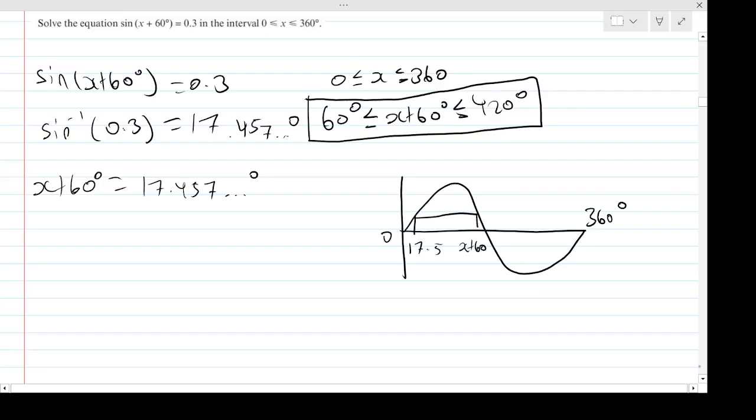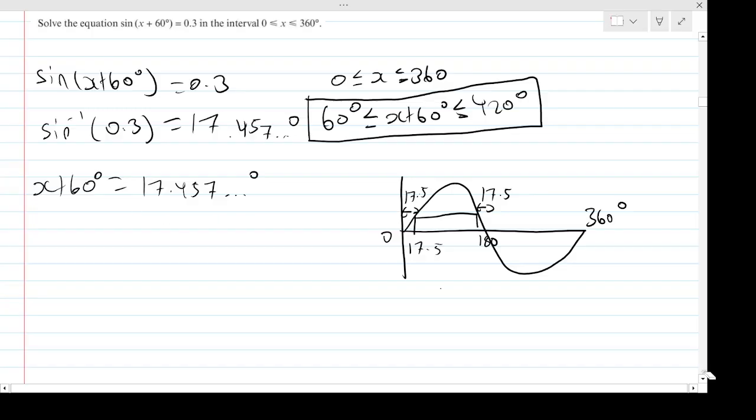Now, that second solution, again, the symmetry is midway through at the top of the curve. It's symmetrical either side of the hump. Which means that the gap between one end of the curve at 0 and the solution is 17.5, which is going to be the same gap between the second solution and 180 when it then goes back to 0. And that gap would be 17.5, meaning to get the second solution, we need to take away this 17.5 from 180.